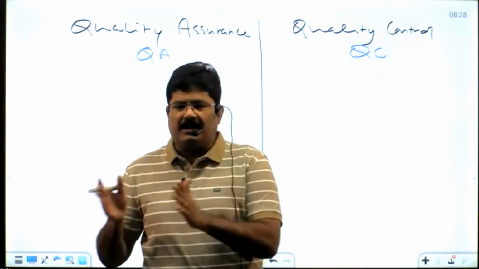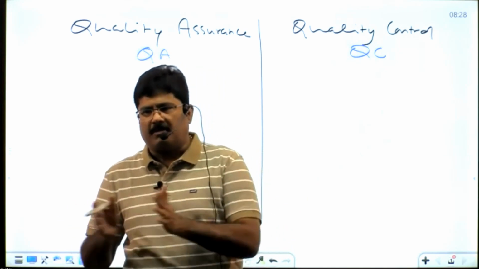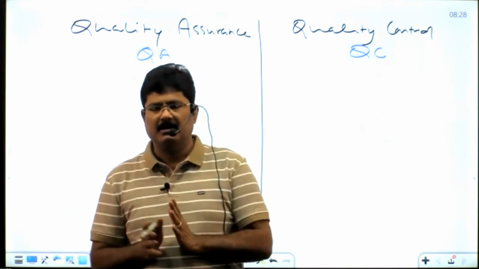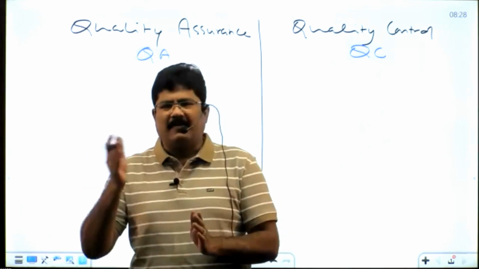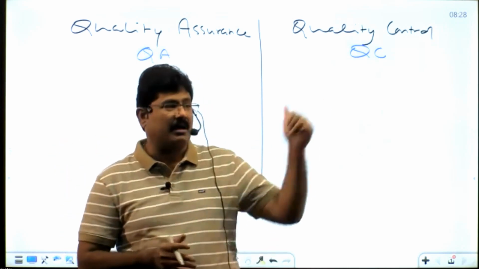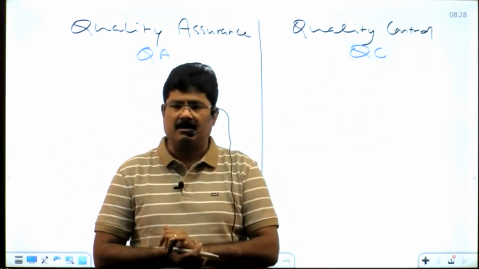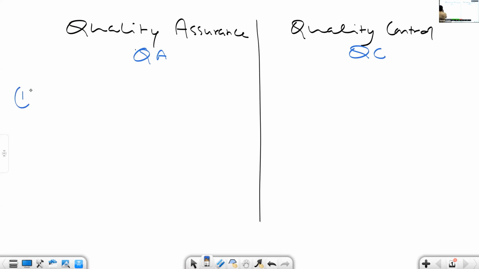Some process is defined in a software company: these are the guidelines, these are the templates, these are the procedures we have to follow in development. But somehow, definitely people will make some mistakes. You need to have a final check on whether the developed software is okay or not. That is called quality check or quality control. This QA is process related.